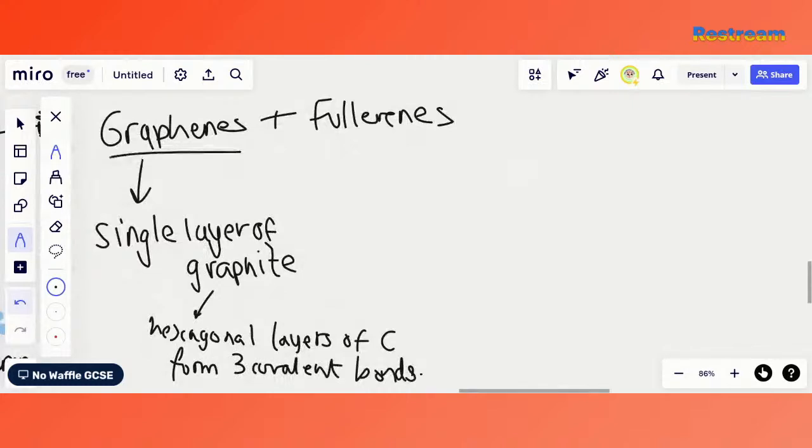So graphene is a single layer of graphite. It's an excellent conductor of electricity, as we said, and it's extremely strong.